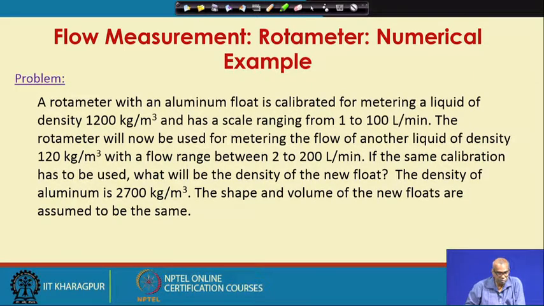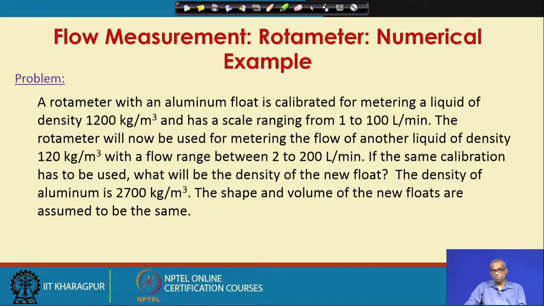If the same calibration has to be used, what will be the density of the new float? The density of aluminum is given as 2700 kg per meter cube. You can consider that the shape and volume of the new float and the old float are same. So, basically there is an existing rotameter and which has a float made of aluminum.